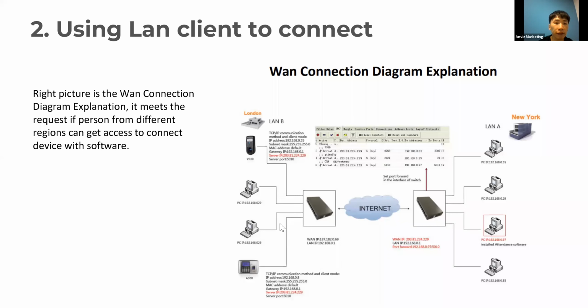It meets the requirement that people from different regions can access and connect the device with the software. For example, if we are located in London and your device is located in New York, you can use this way to connect your device with your software.